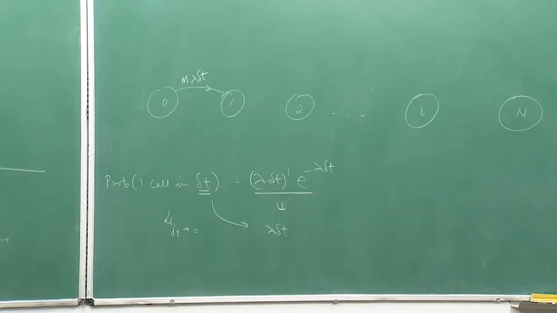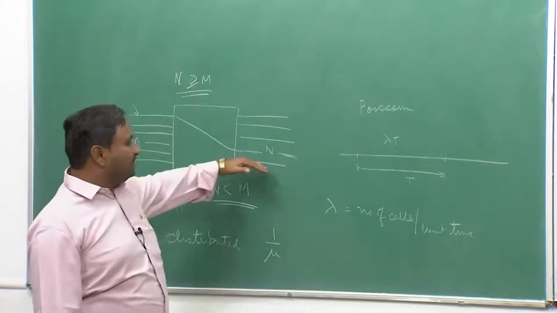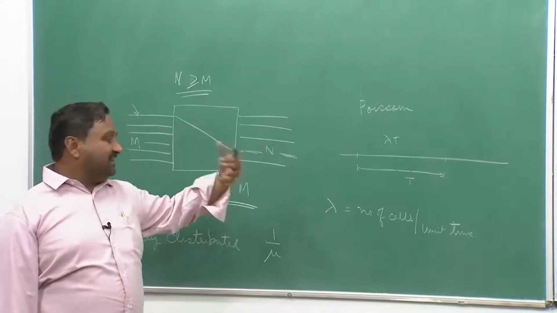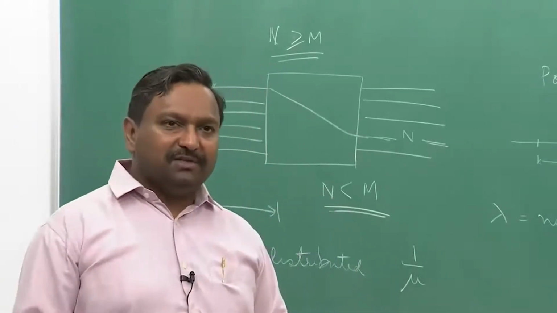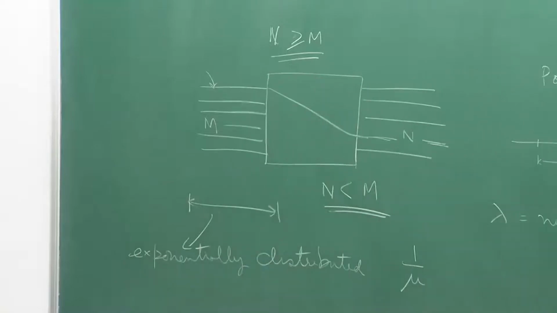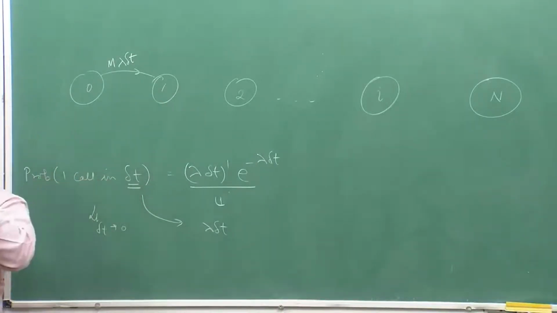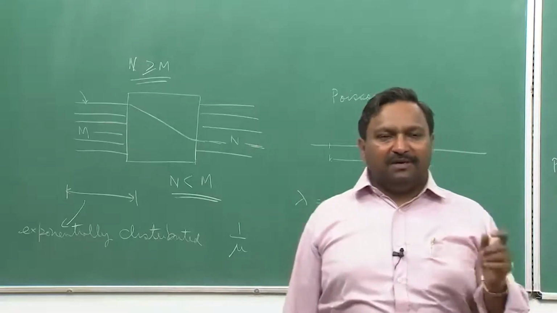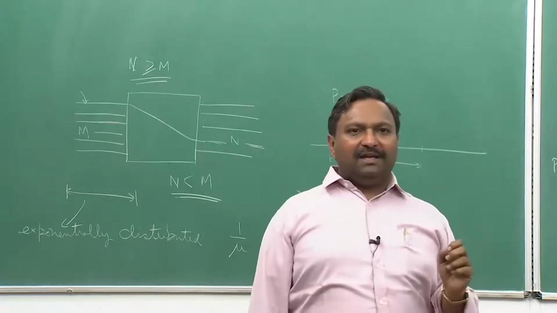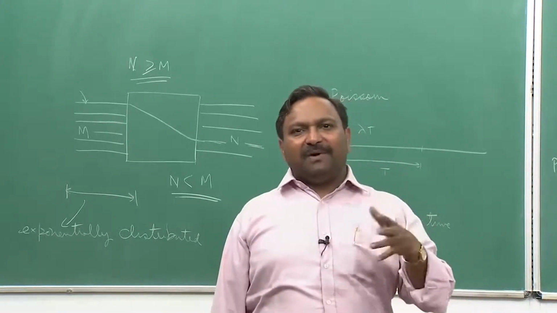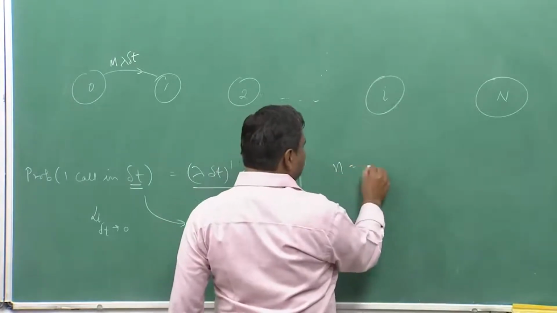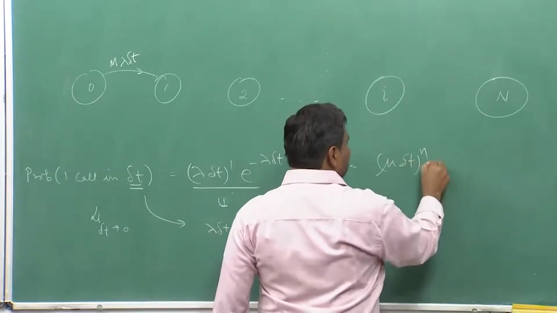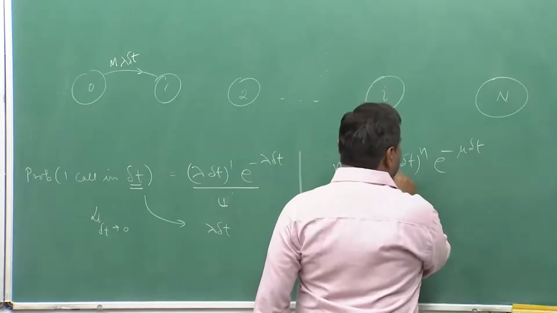Now when you are in state 1, there is only one call going through. Remember, as I told you, the exponential distribution and Poisson distribution are related to each other. So there is only one call, and this call is going to be serviced, there is only one server, and the service rate is mu. In time delta t, the probability that n calls will be served is mu delta t raised to power n, e raised to power minus mu delta t, by n factorial.